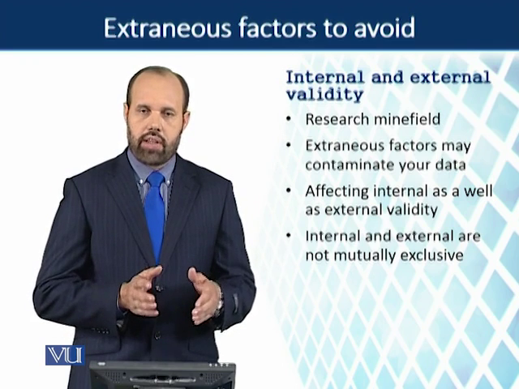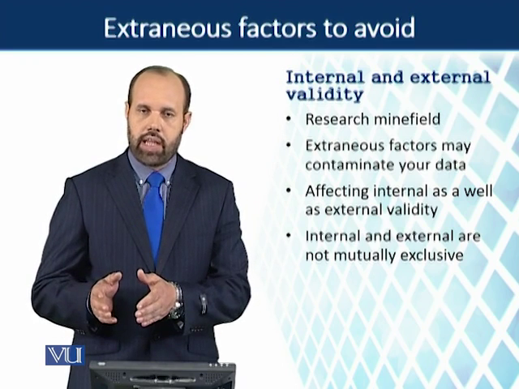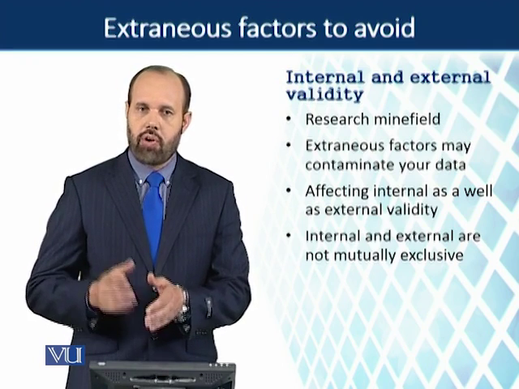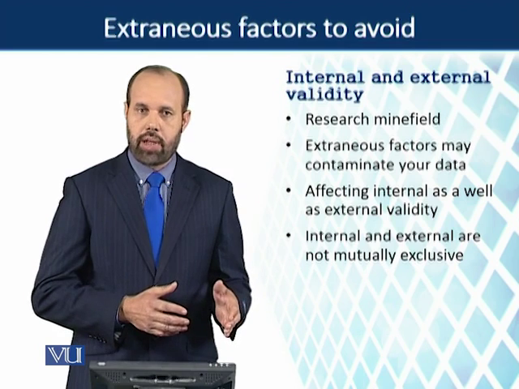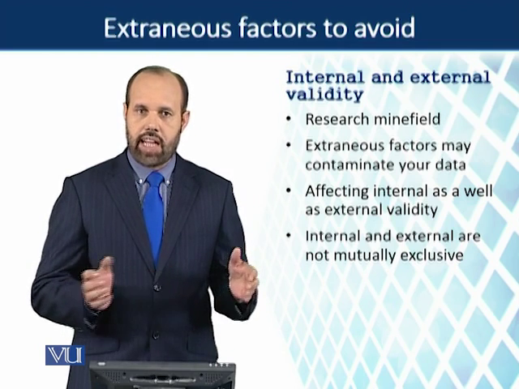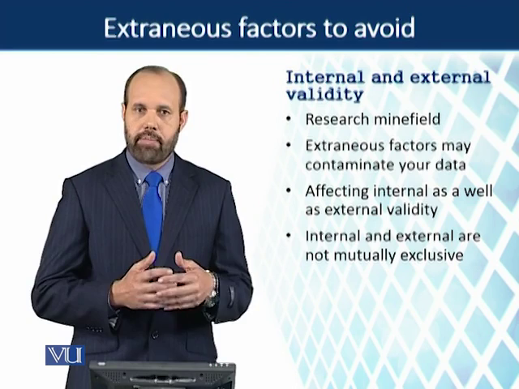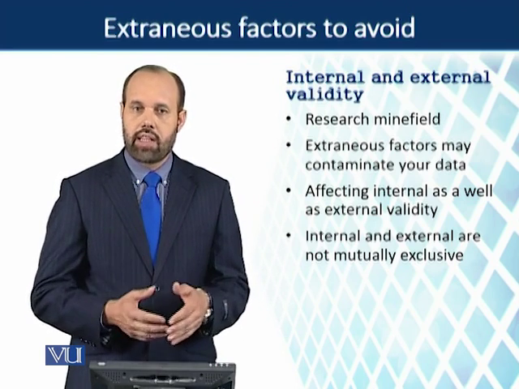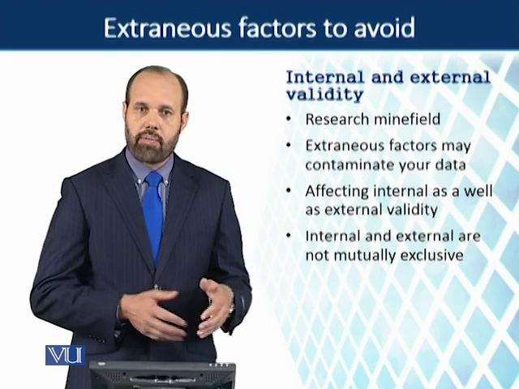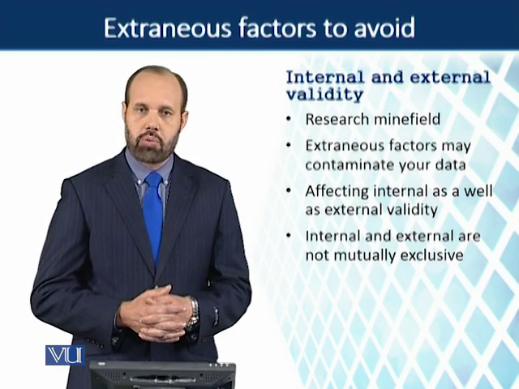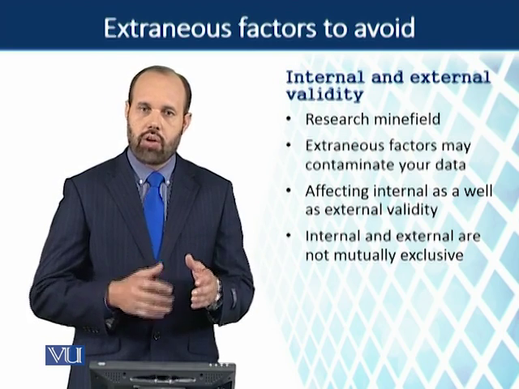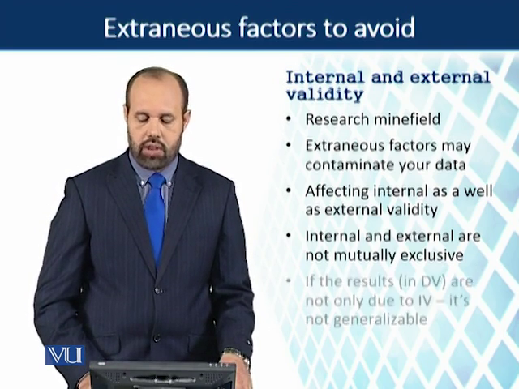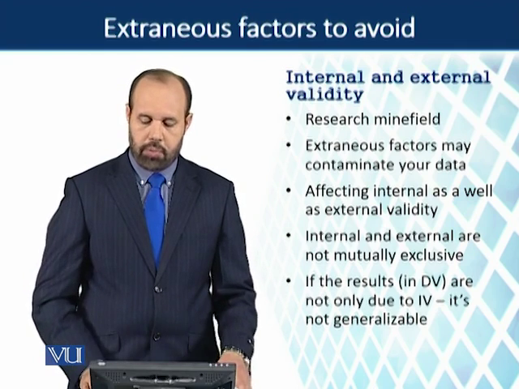When our dependent variable is showing changes and variation, it should be only because of the independent variable, right? And when this connection is there and it is made sure that the dependent variable is only influenced by the independent variable, then we must also make sure that it is generalizable, so that the whole group is taken into account and it is transferable to the whole group.